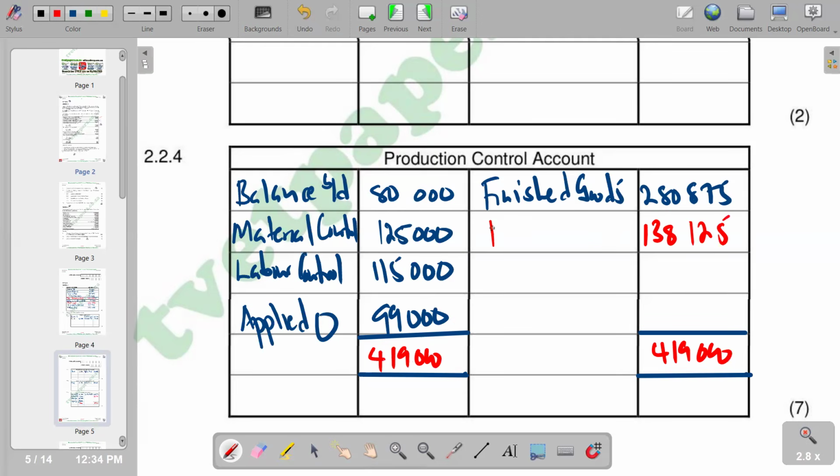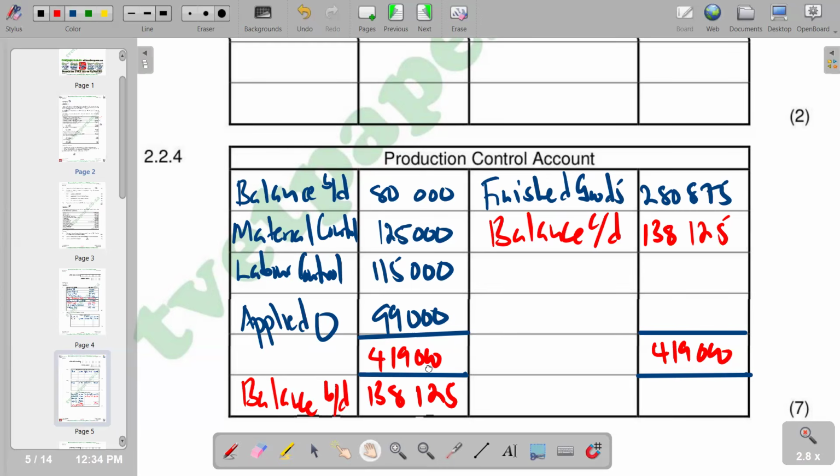And it becomes our balance CD, which is also supposed to come here as our balance BD, 138,125. So that's what we have on production control.